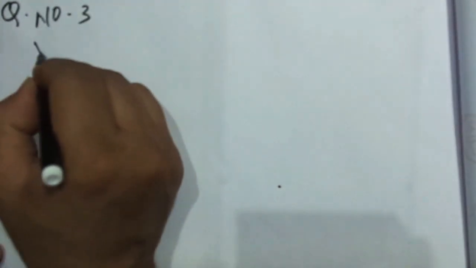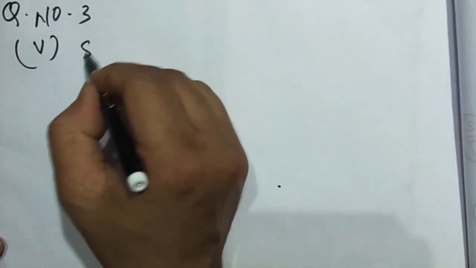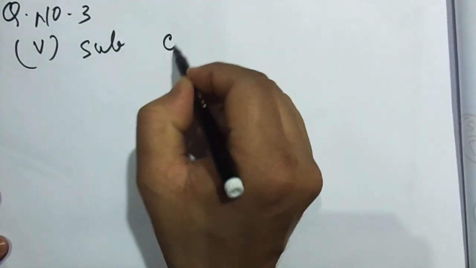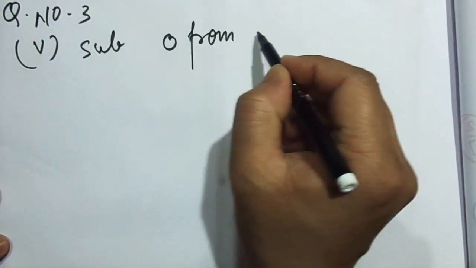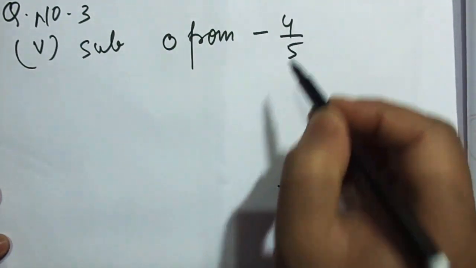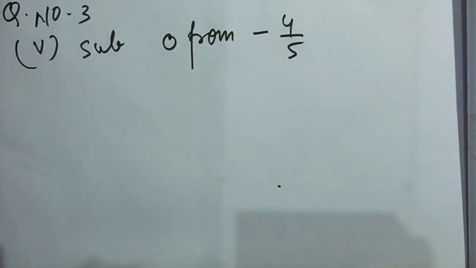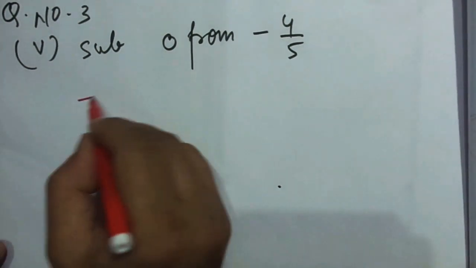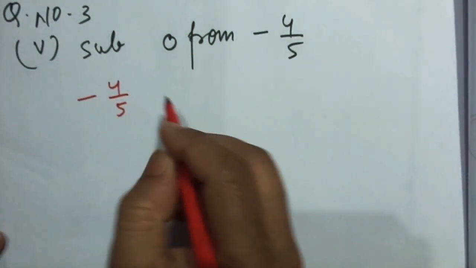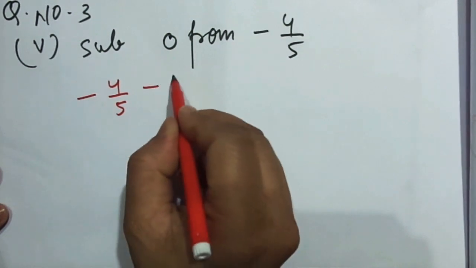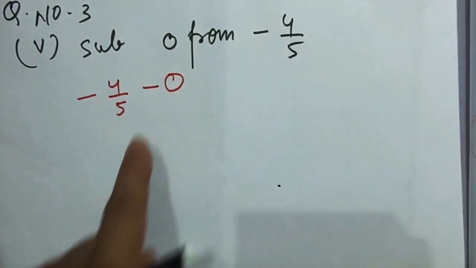Question number 3, 5. We have subtract, okay? Subtract 0 from minus 4 by 5. So this minus 4 by 5 will be written first, and then I am going to subtract 0.